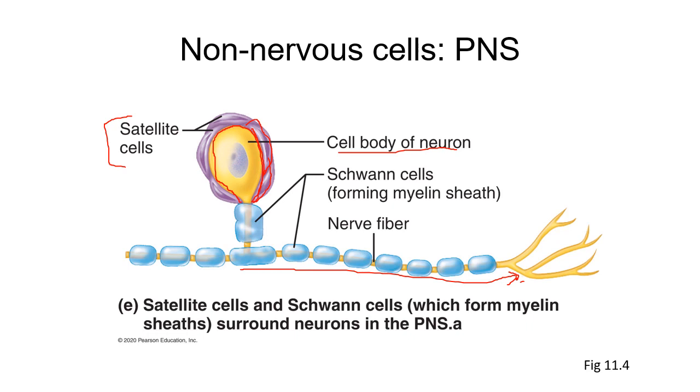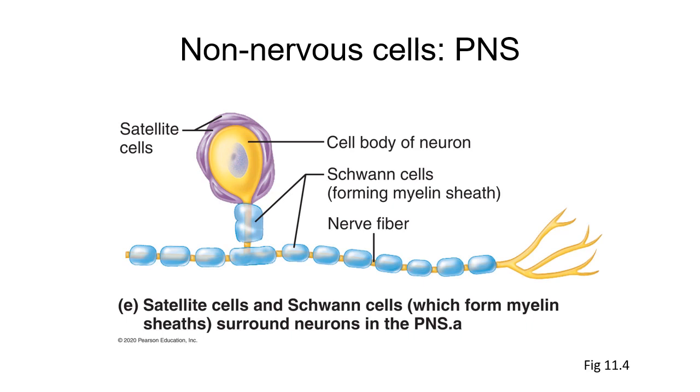The other thing to point out are the Schwann cells. Schwann cells are flat cells that wrap around the axons in the peripheral nervous system to form the myelin sheath. You can see in the figure label that satellite cells and Schwann cells surround the neurons in the peripheral nervous system.